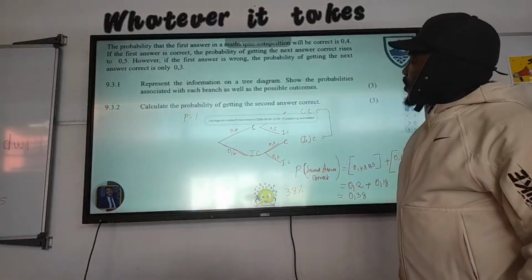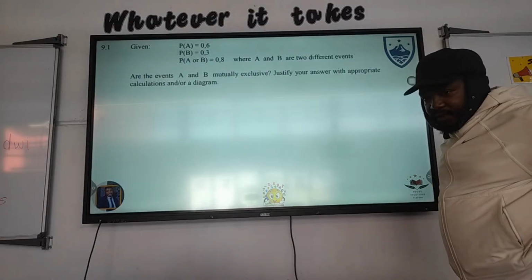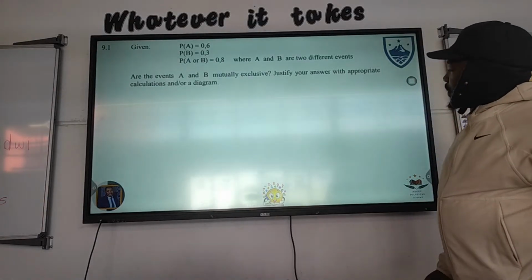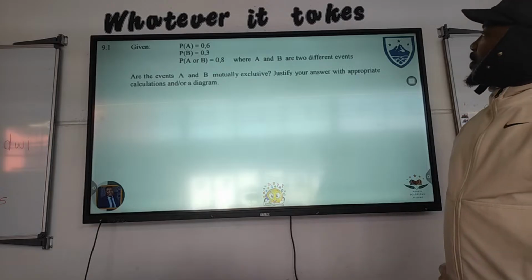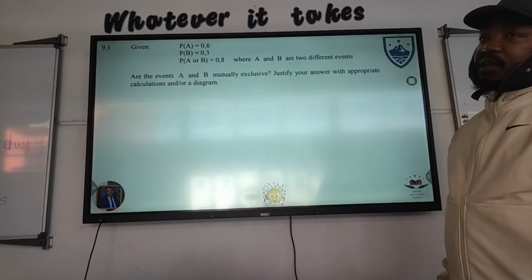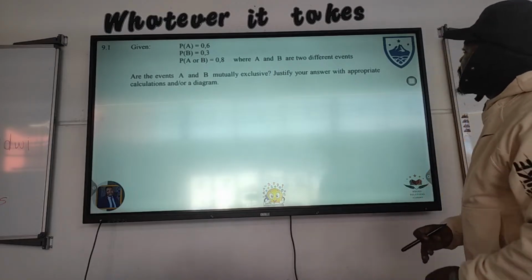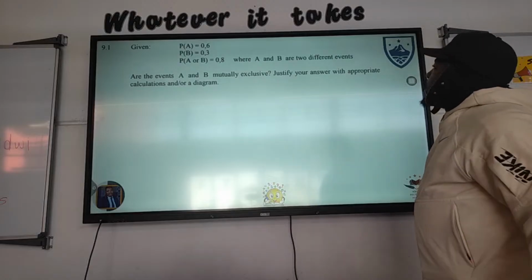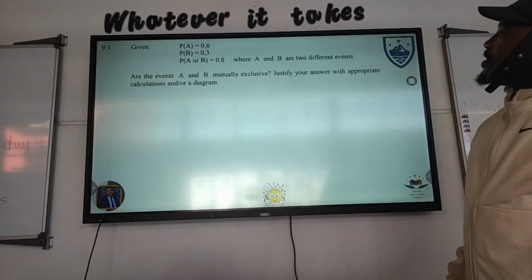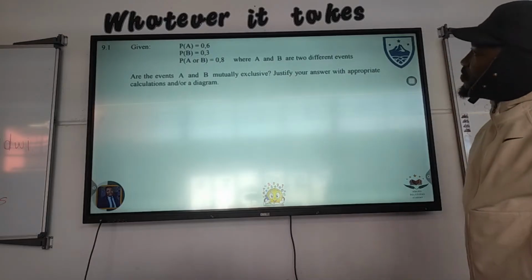Another one we can use just to consolidate and see if we have understood: we are given the probability of A and the probability of B. We're also given the probability of A or B. We've seen this type of question before, where A and B are two different events. The first question is, are the events A and B mutually exclusive?